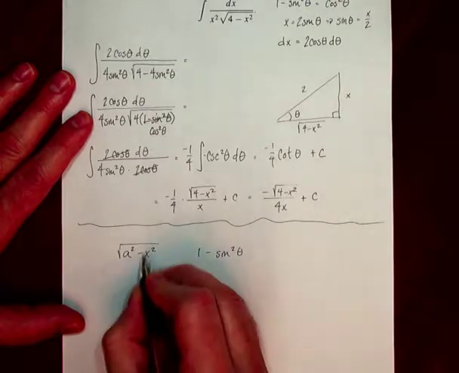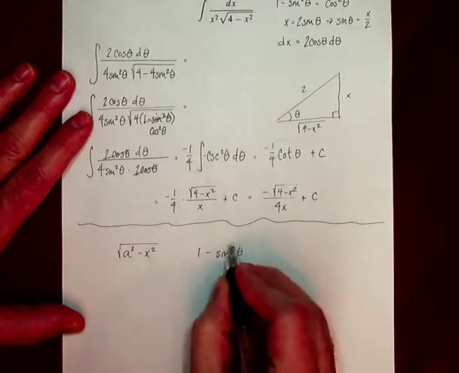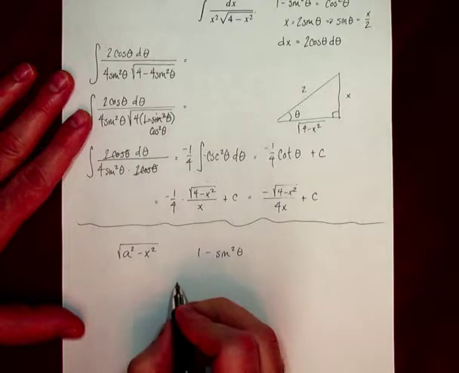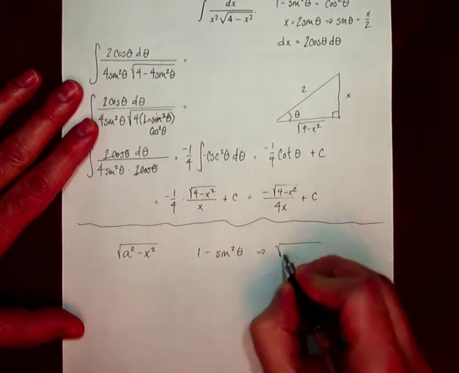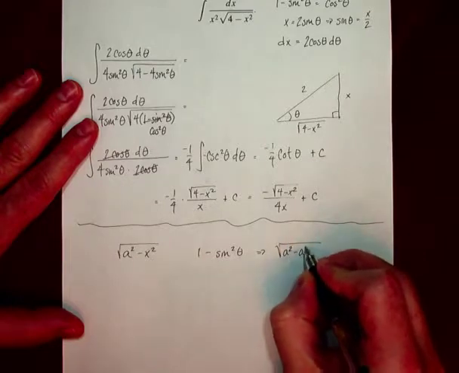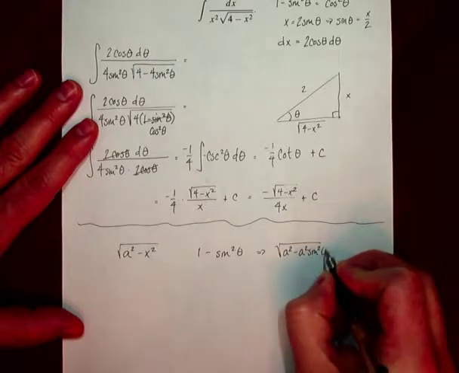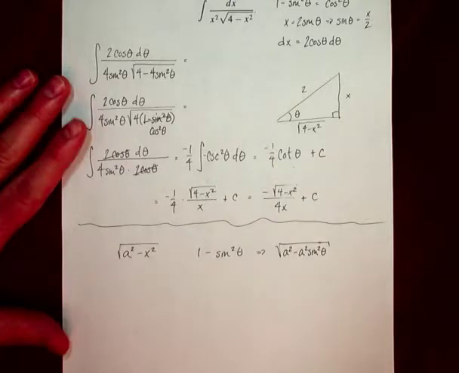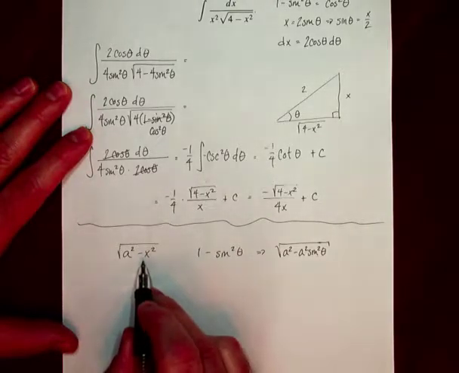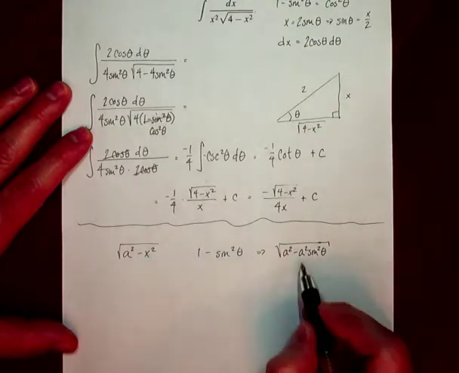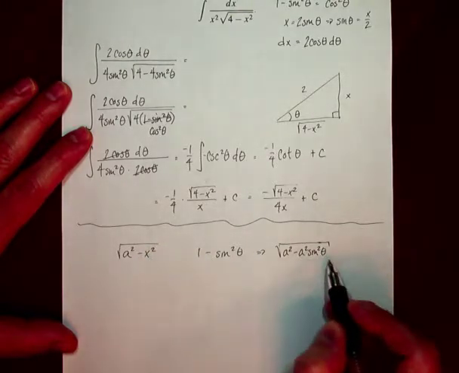Okay, so whatever x is, we basically need to figure out a way for it to become a squared minus a squared sine squared theta. Okay, so you need to figure out what must x be to transform the x squared into this expression.